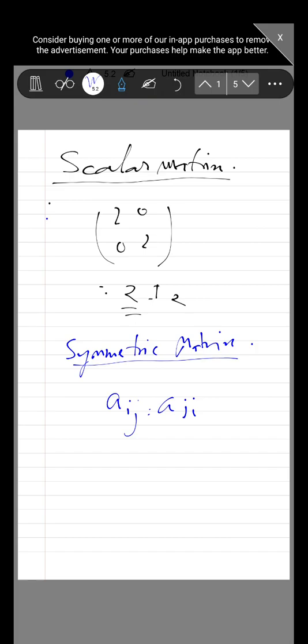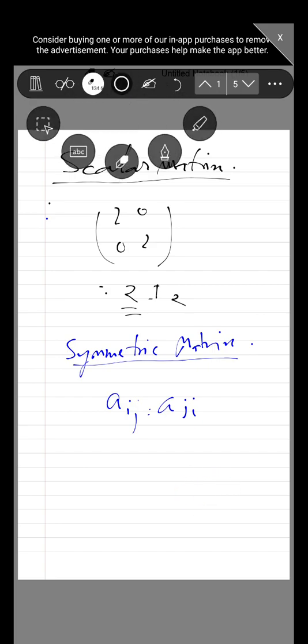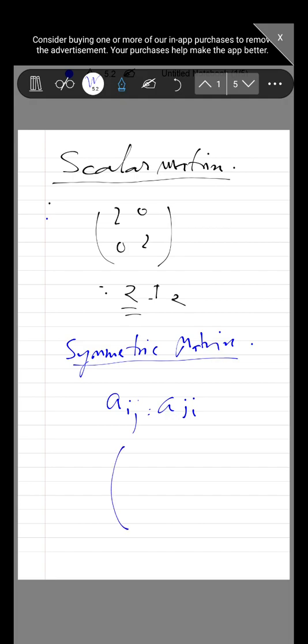So it means A12 will be equal to A21, or A23 will be equal to A32, so we can write this matrix in the form like A11, A12, A13.